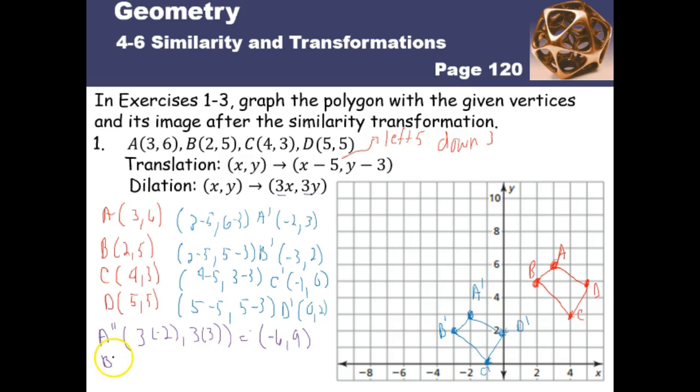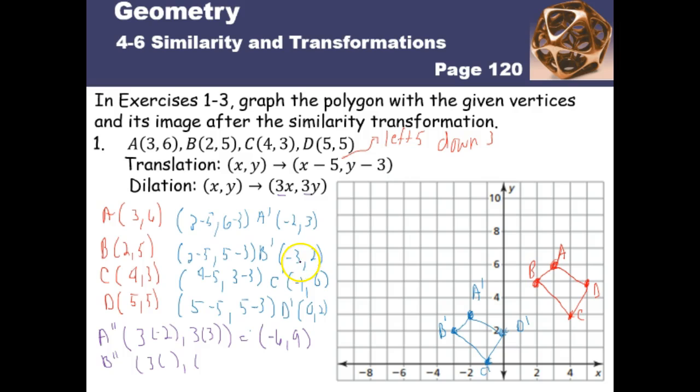And that's going to give me negative 6, 9. B double prime, sorry, wrong, so let me erase and get the pen back.